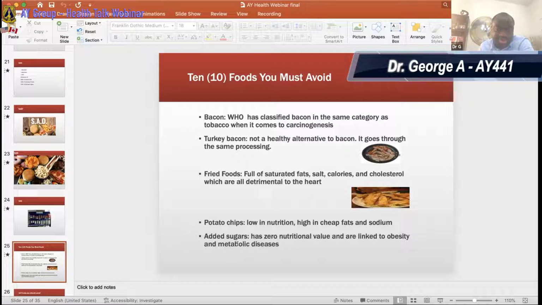Like I said earlier, added sugars have zero nutritional value, and they are linked to all kinds of metabolic diseases like diabetes and obesity. They are factors in all the big diseases out there. So if you can avoid these things, you'll be good to go.